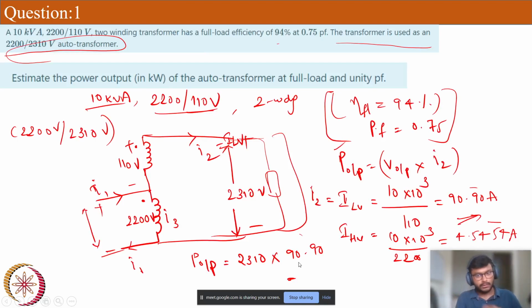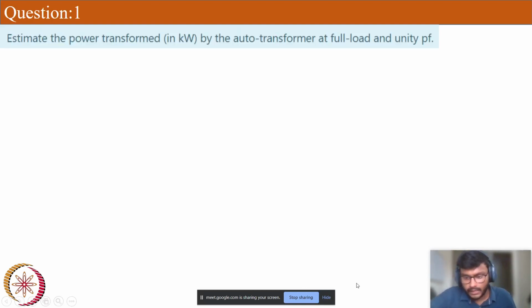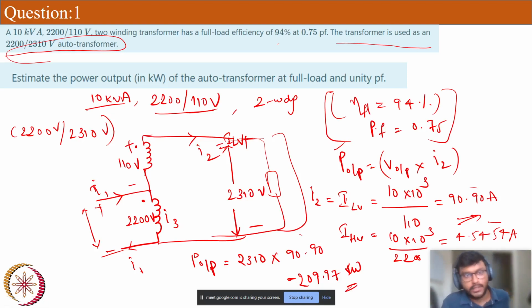How much are you getting? It's 209.97 kilowatts. So everyone's getting the same. It's around 210 kilowatts. I hope it's simple. We just visualize the diagram and we can calculate it.